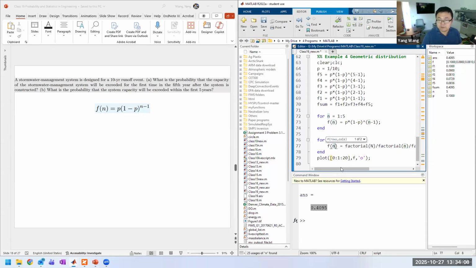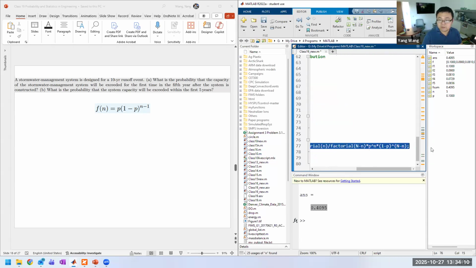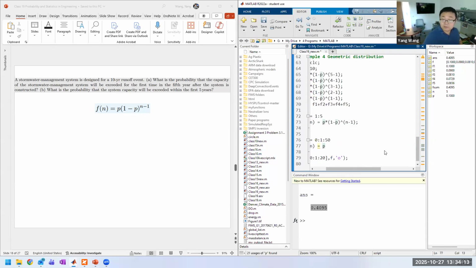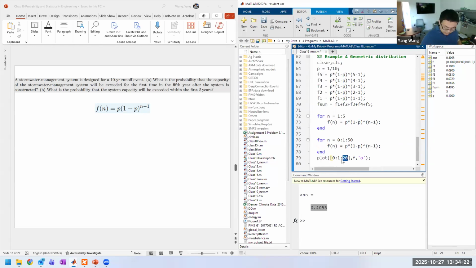Then Fn is P multiplied by the term here, and you can run it from 0 to 50.